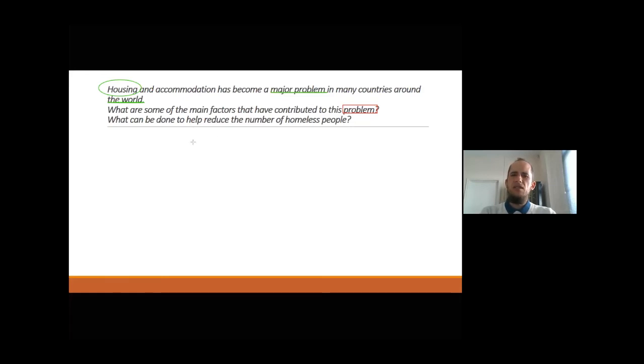But the solution is going to be very specific. It's going to be about homeless people. So the problem isn't in relation to homeless people, but the solution is. So we want to see what can help reduce the number of homeless people. Is this essay asking you for an opinion?